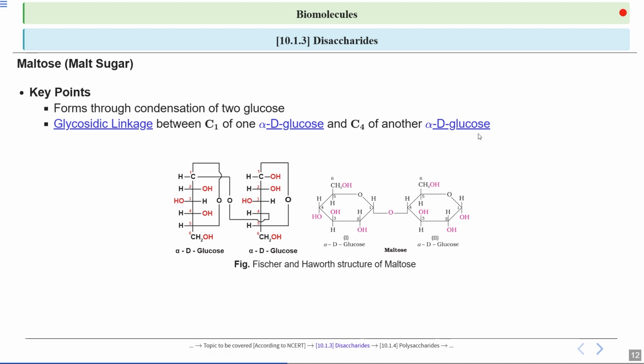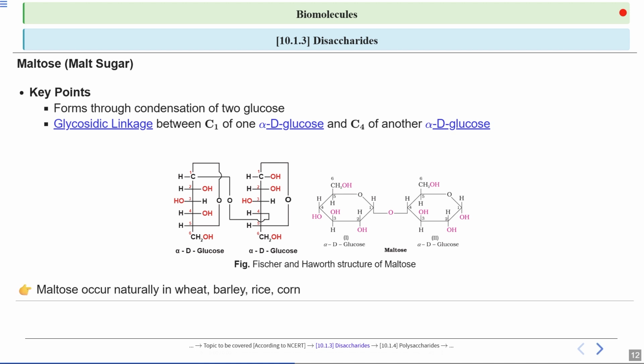If you look at the Fischer and Haworth projections, this is alpha D glucose and this is also alpha D glucose. The resulting structure is maltose, and there you will see the glycosidic linkage between carbon 1 of one alpha D glucose and carbon 4 of another alpha D glucose. This is how maltose is formed.